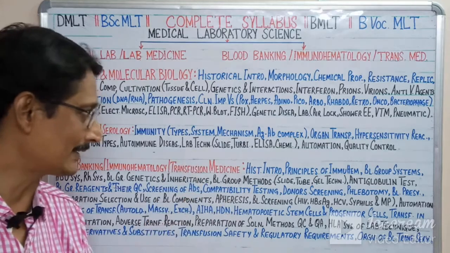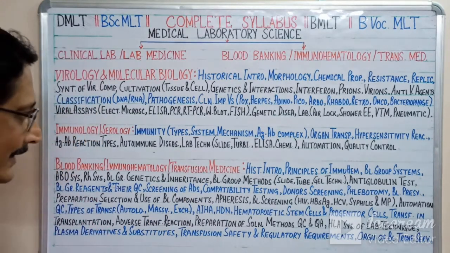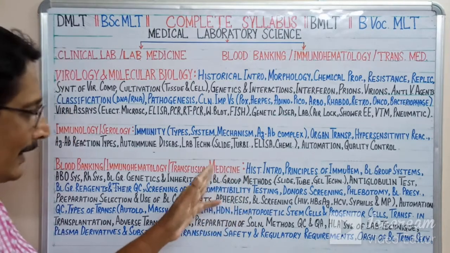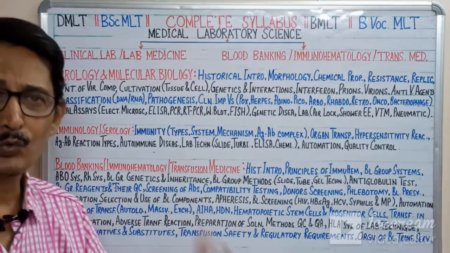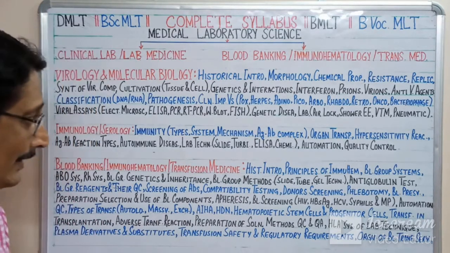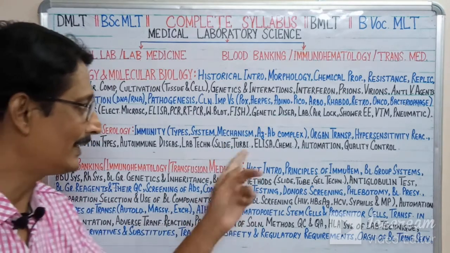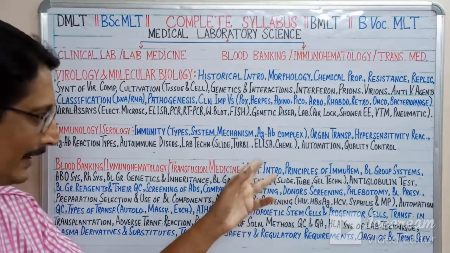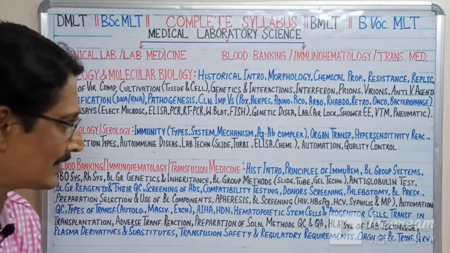Now the lab techniques. What are the lab techniques to detect this type of antigens and antibodies? For all types of antigens and antibodies there is the slide method, which is a qualitative and semi-quantitative method. Turbidimetry is a quantitative measure. The ELISA technique, which means enzyme-linked immunosorbent assay, is also a quantitative estimation.